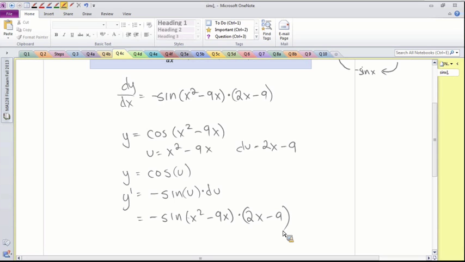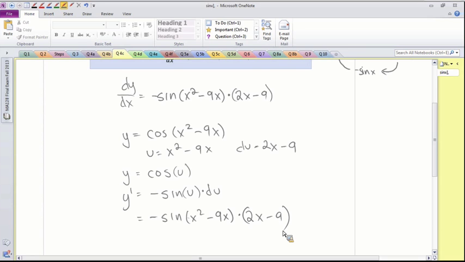With the U substitution, I saw that cosine of x squared minus 9x is a little bit difficult to do, so I'll substitute U for x squared minus 9x. So U is equal to x squared minus 9x, and the derivative of U is equal to 2x minus 9.